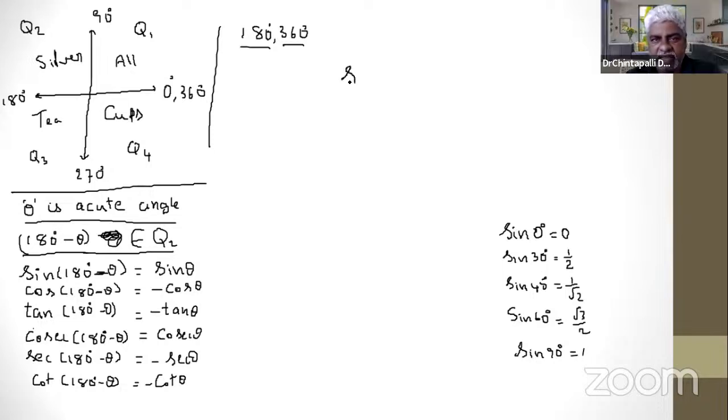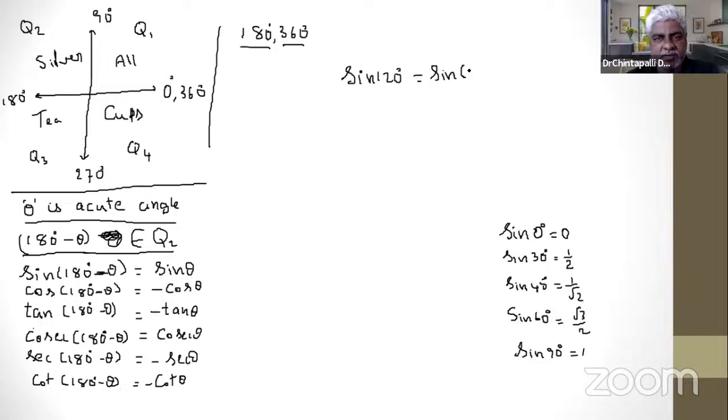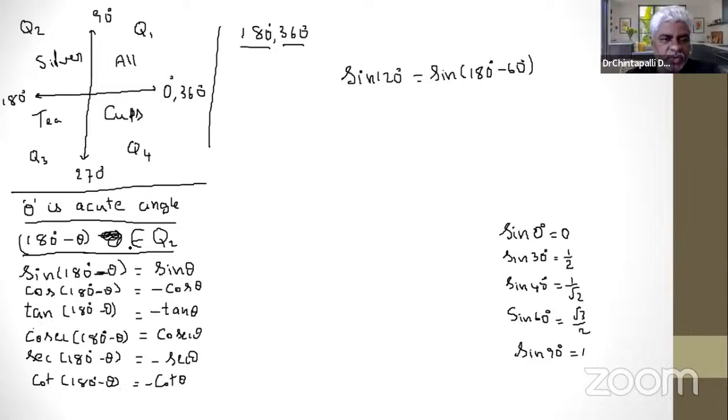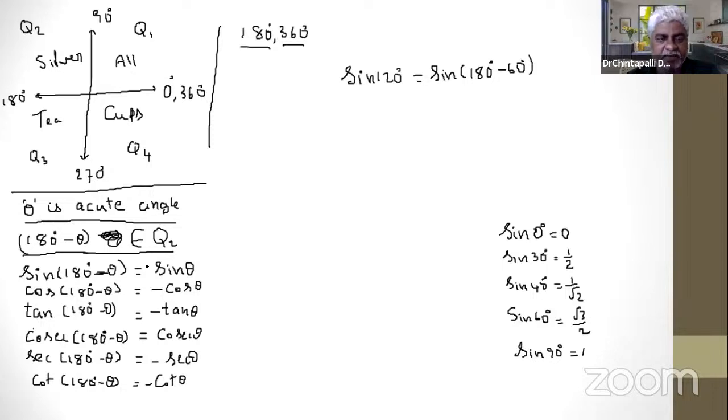What is sine 120 degrees? Sine of 180 degrees minus 60 degrees. There are 6 formulas. Which formula is used here? The first formula. It says sine of 180 degrees minus theta is sine theta.